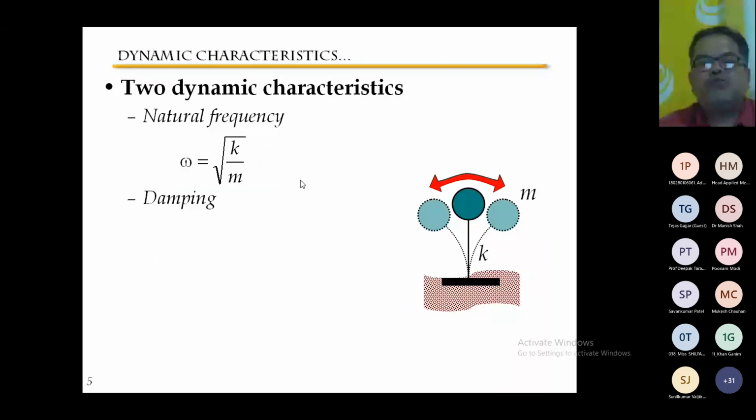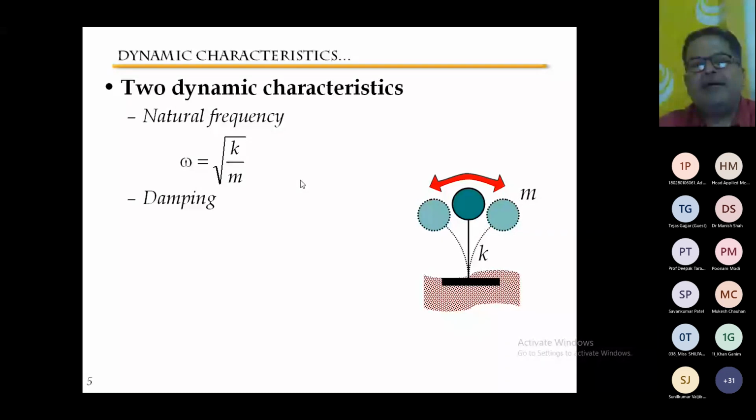This is what we assume. And when we talk about this, the most important term we must know is the natural frequency. The circular frequency is omega equal to square root of k by m.